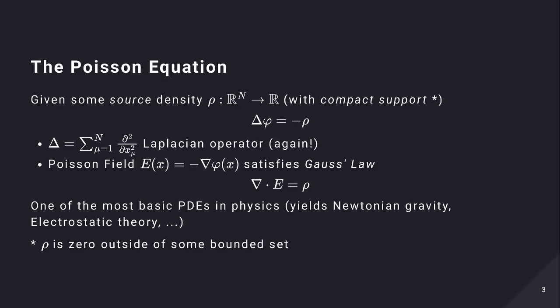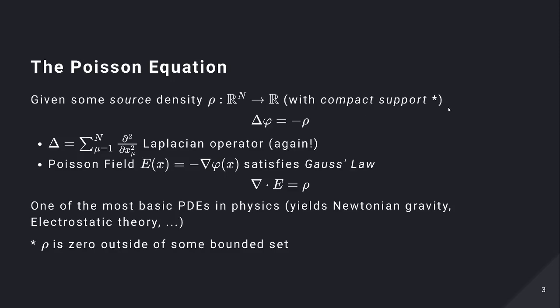So yeah, the Poisson equation is yet another PDE involving the Laplacian as last time, where we take some source density, which is a function from R^n to R, and assume that the function is sufficiently nice. For example, it's continuous and differentiable.